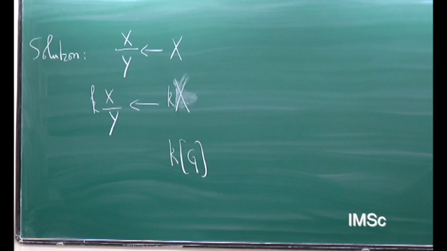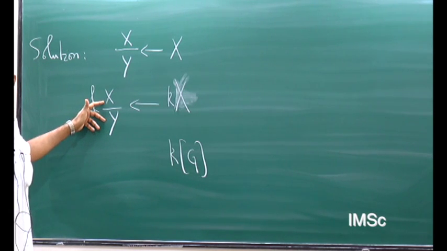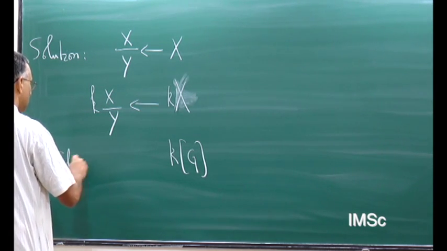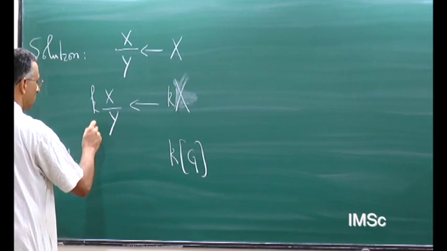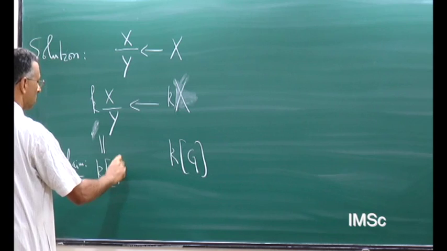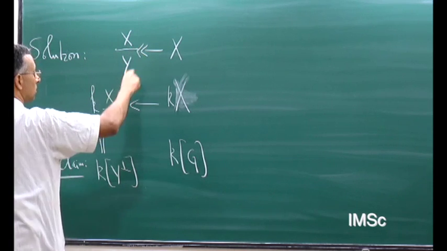G is a diagonalizable group, right? What is this? Well, the claim is this is an onto map.